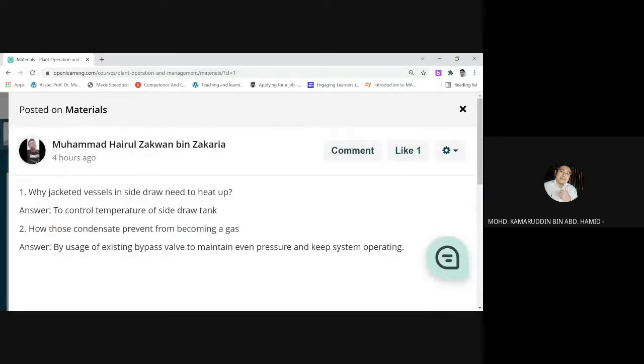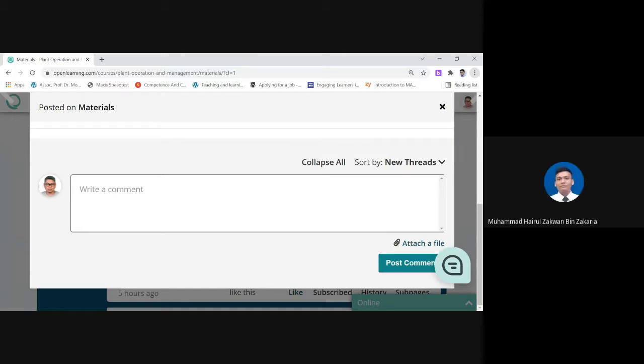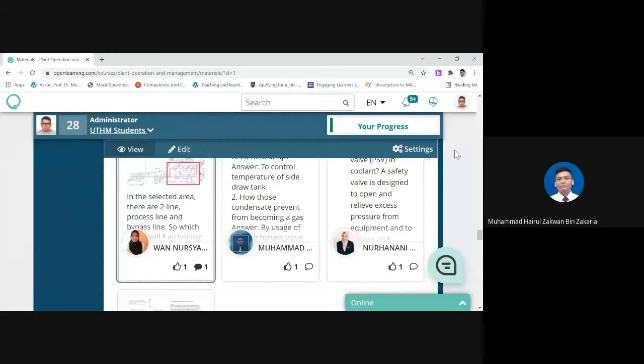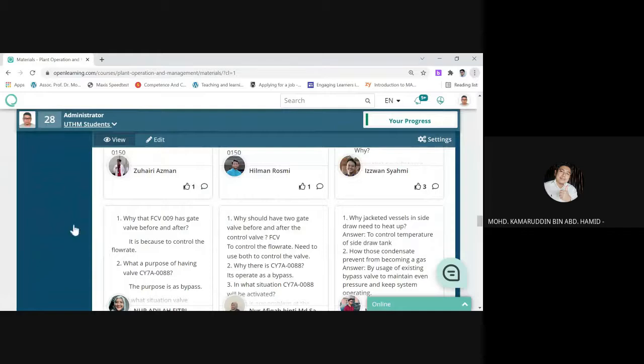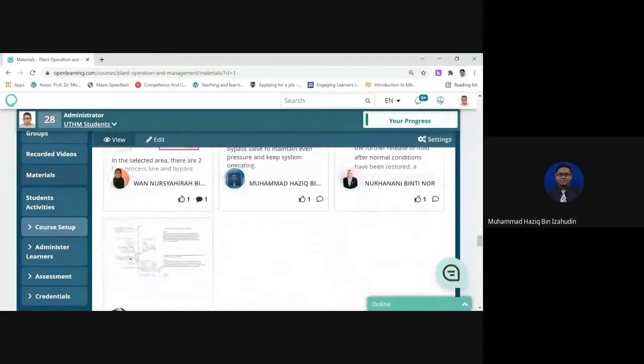Hairul Zakwan, mana kau punya tu drawing? Tak ada. Haziq Zain, kau cakap kat tempat komen tadi. Ya, Hairul Zakwan, ada apa-apa kena cakap? Saya sama dengan ni, dengan Haziq. Okay, Haziq mana? Dua-dua ada tu kat komen. Tu yang baju merah tadi.